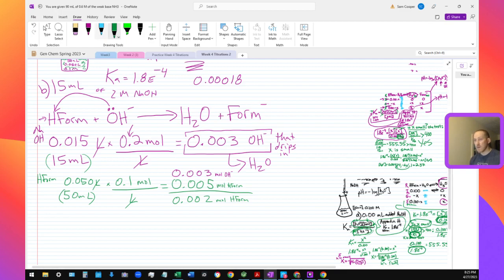And in doing so, the byproducts here, we're going to get water. When the OH minus, the hydroxide, takes the proton, that's just going to create water. The formic acid, the HForm that's consumed by that hydroxide, will now be formate. And then we're going to have 0.002 moles of HForm remaining. And that is what's going to be responsible for the pH. So is X small? Let's see. X small test.